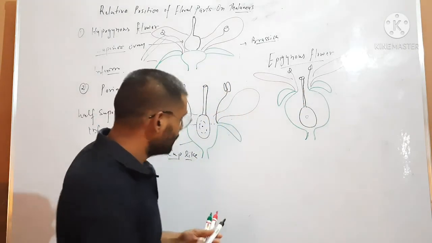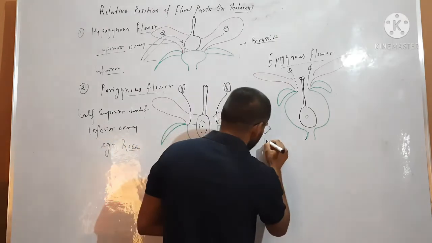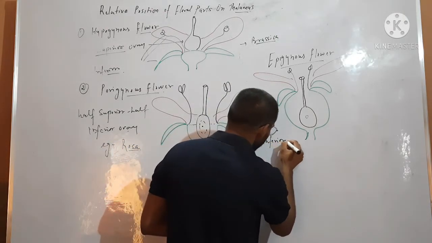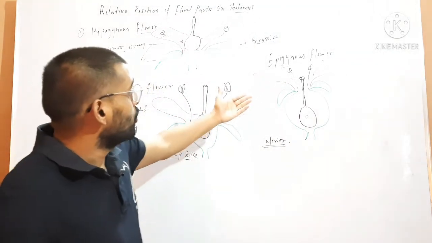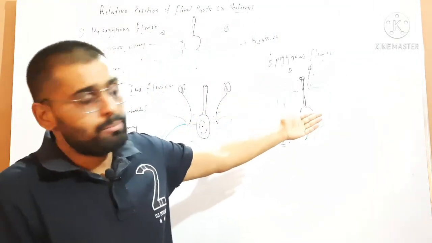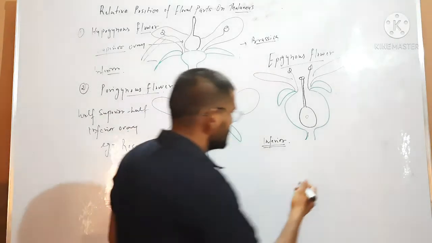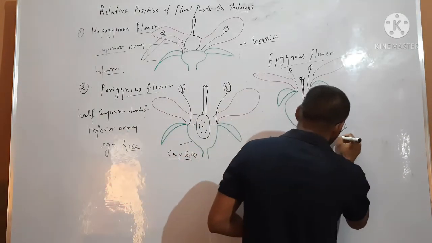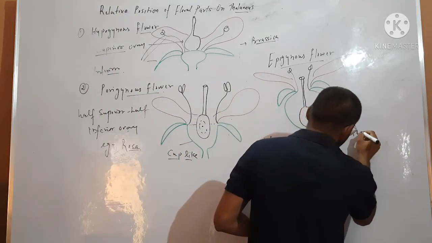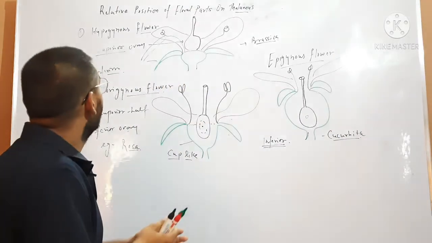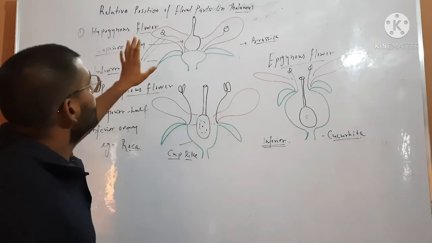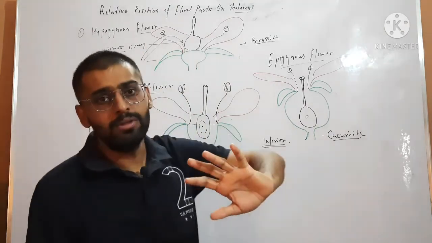So here the ovary will be called inferior because it is situated below all the other floral parts. An example of this is cucurbita.